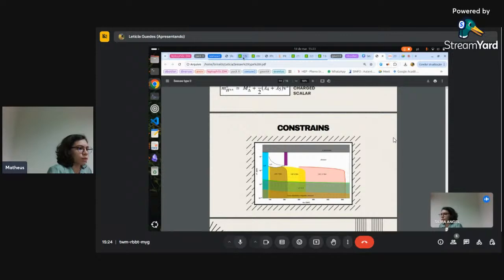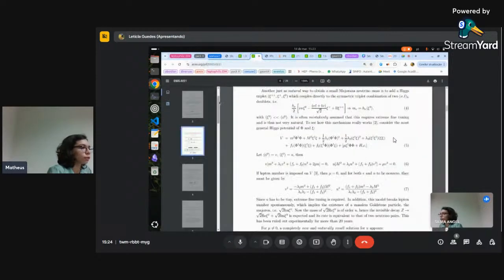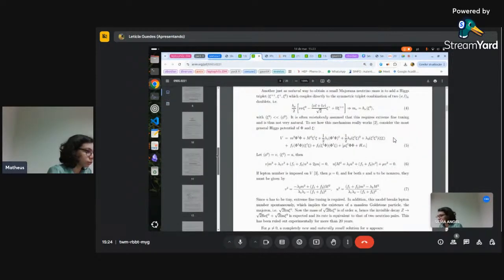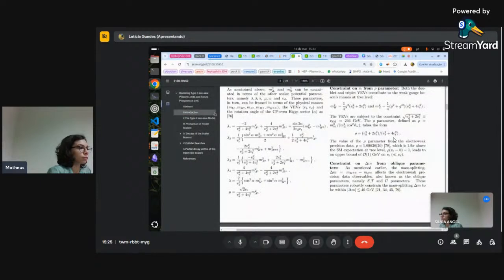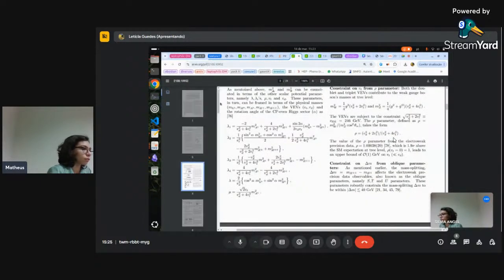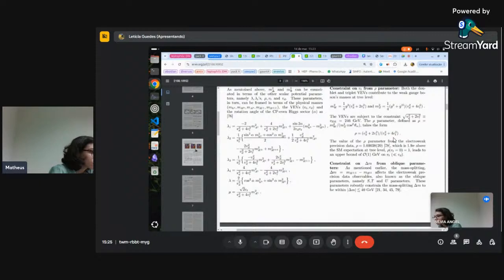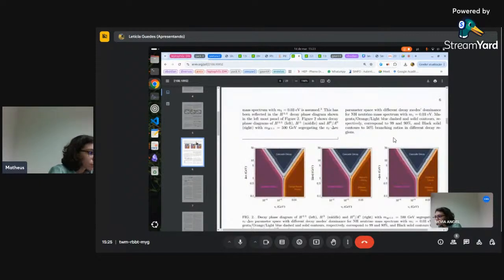But let me see if any one of these here. This is not. Let me see here. I think it's this, and this is the VEF, and the difference of the mass. Are you seeing this? I can put a zoom.